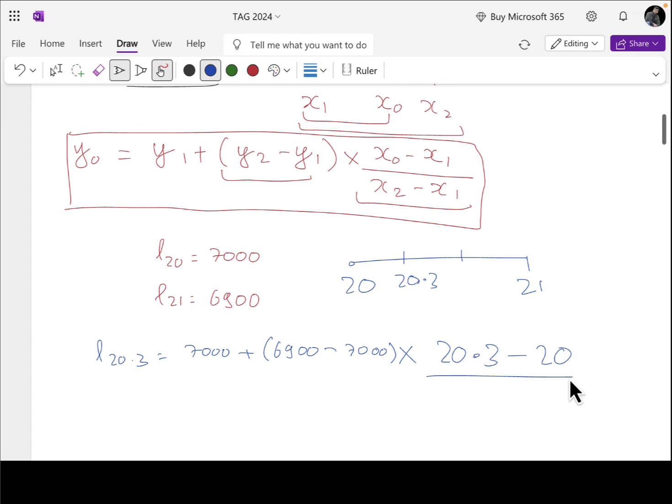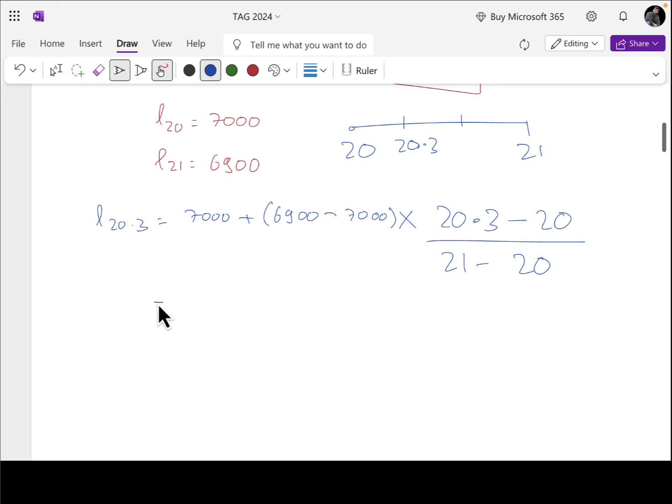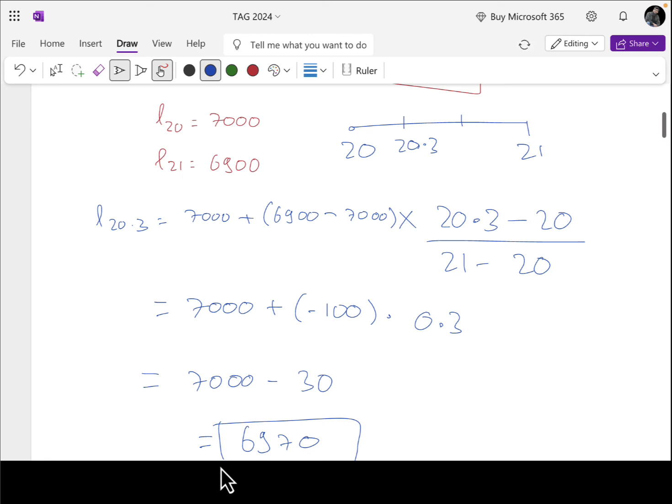That's 20, divided by 21 minus 20, right? So now if you take this, what does this become? This becomes 7,000 plus, 6,900 minus 7,000 is minus 100. So minus 100 multiplied with, what is this? This is 0.3 by 1. So that's minus 30. And thus this is 7,000 minus 30, which is equal to 6,970. So this works with increases and decreases both.